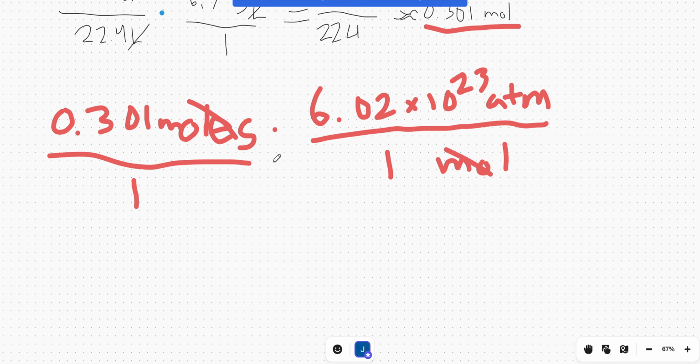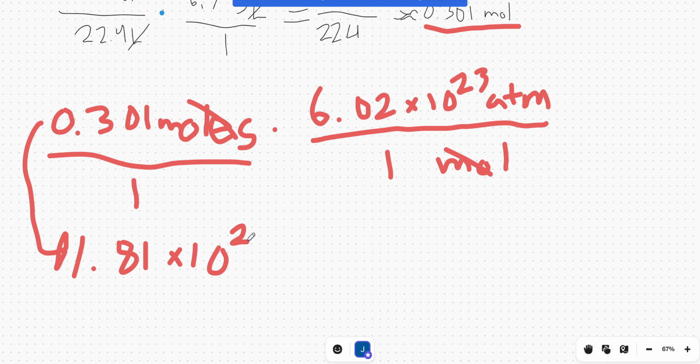And when we do that and we multiply, we would roughly get 1.81 times 10 to the 23rd.